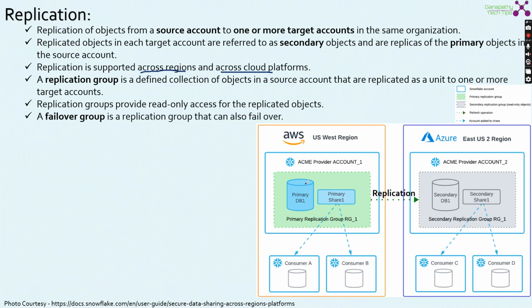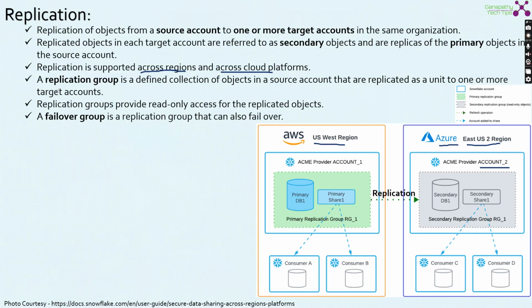Acme provider account 1 is in the AWS US West region, where our source account's primary DB, DB1, is located, and we are creating the replication to Acme provider account 2, which is on a completely different cloud service provider, Azure, in a completely different region, East US 2, and we are replicating the data to the secondary DB. So this is very interesting. We are going to discuss share in the next video, so hold on for that.